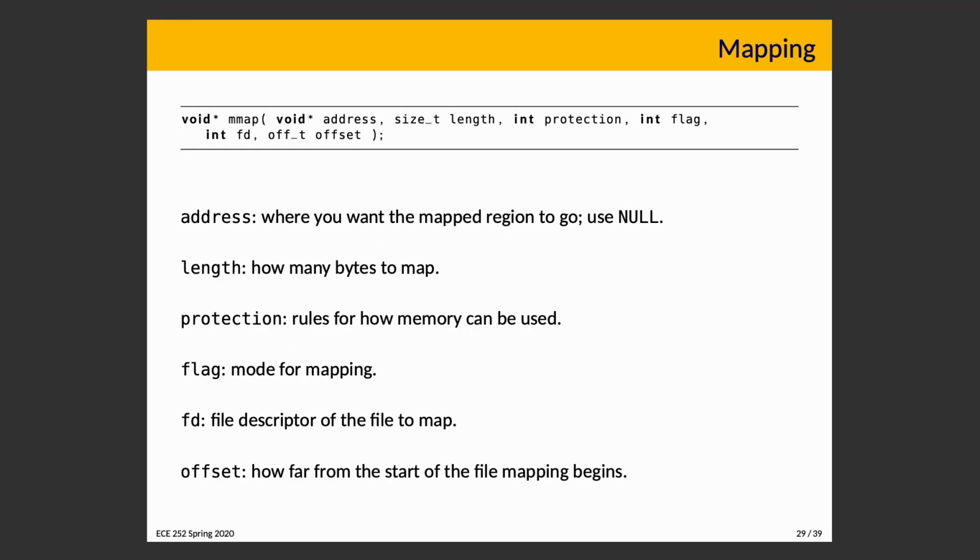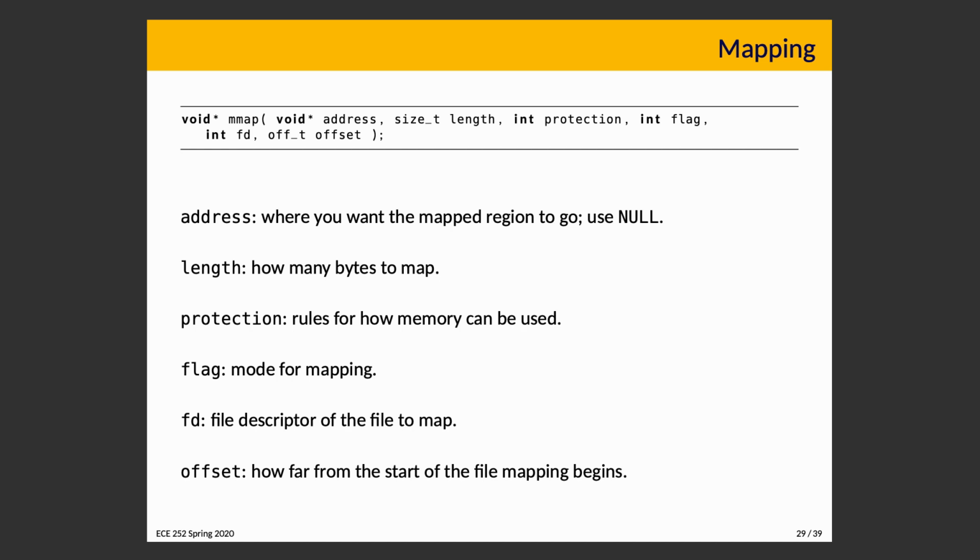So if you want to map a file, you have to use the function mmap. It takes the following arguments. It takes an address where you want the mapped region to go. As with attaching a shared memory segment, use null. You should let the system choose, unless you have a very good reason why you need it to go in a specific place, but you shouldn't. The second argument, length, is how many bytes we want to map. The third is the protection flags, your read, write, and execute stuff that applies.